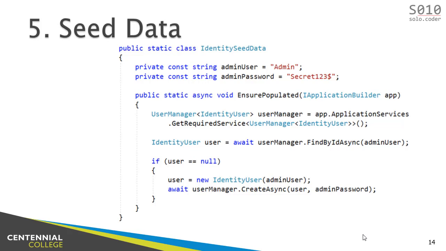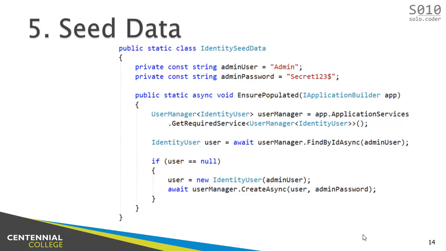So what is this code doing? Well, it's creating a user manager for us. We are creating the user here by using the user manager. And we are calling these methods to be able to load this user here. If the user is null, if it doesn't exist yet, then it creates.